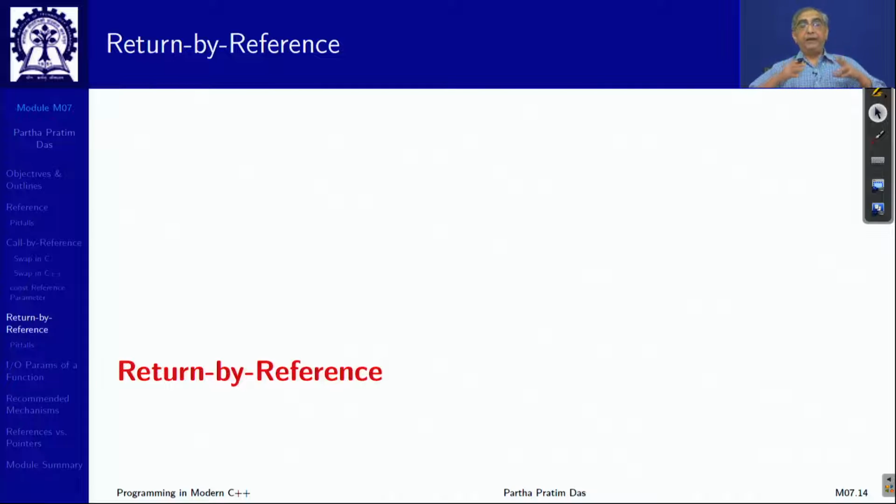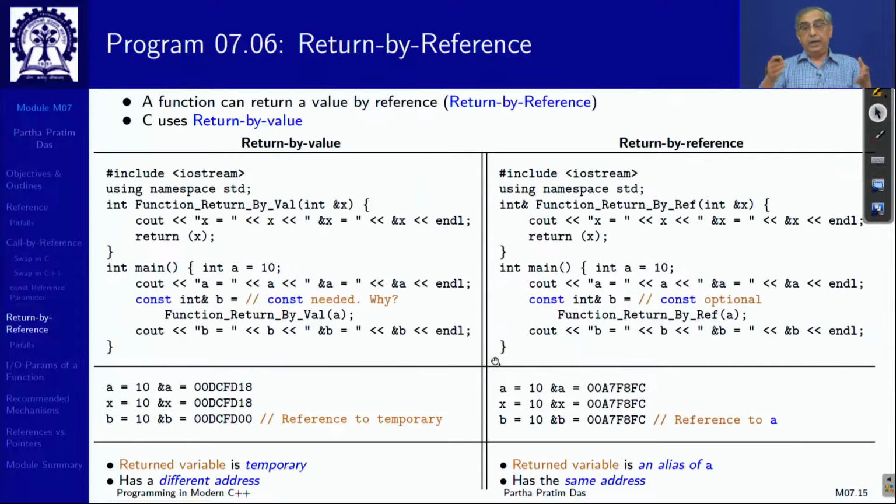Now, the question is, if I can pass values by reference, can I return values by reference as well? Yes, I can. In C, as I do call by value, similarly I have return by value. The value that is returned is actually returned through a copy. Whatever you write in the return statement will be returned as a copy of that.